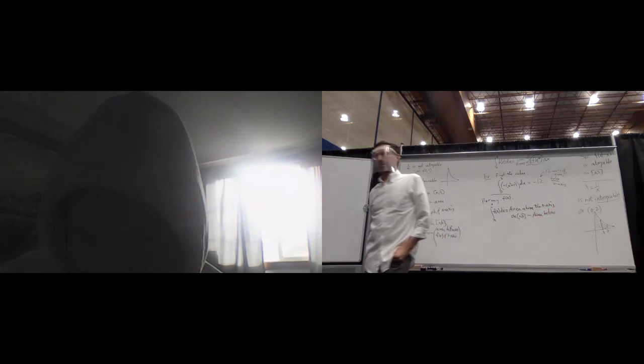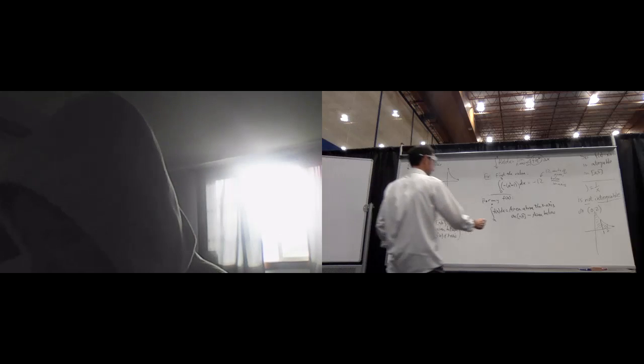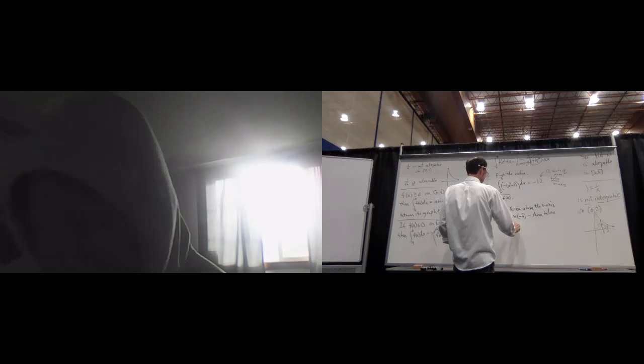I won't repeat where we're looking, it's the same, below the x-axis on the interval a to b. And there's a fancy name for that. It's called the net area.